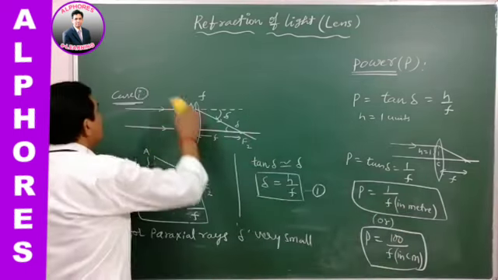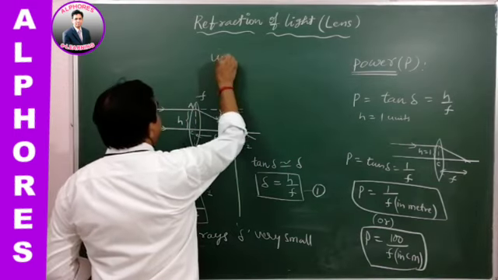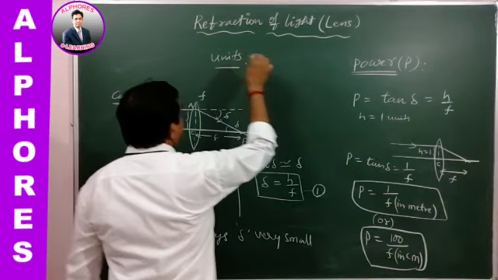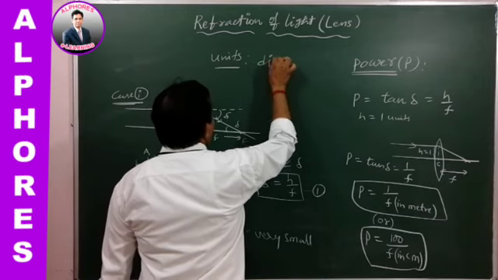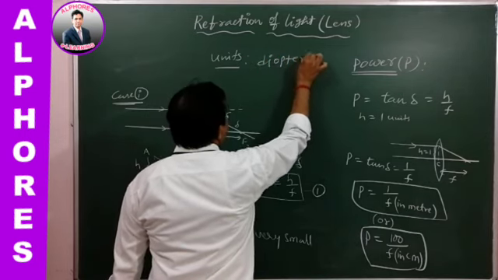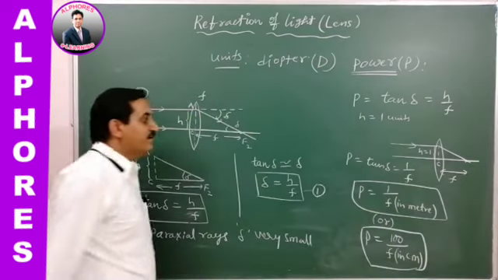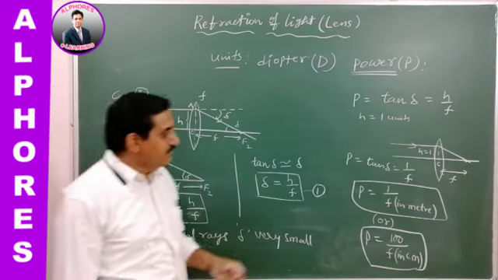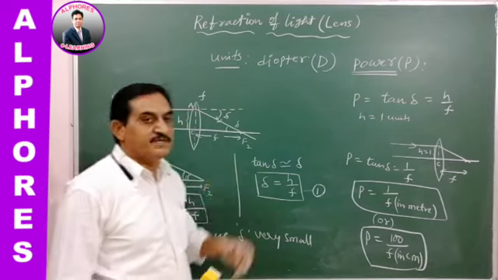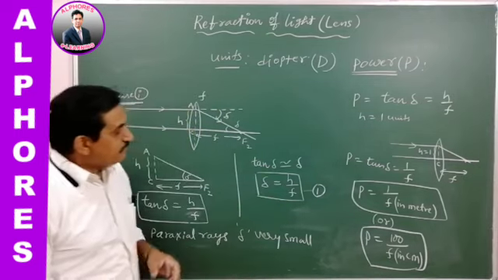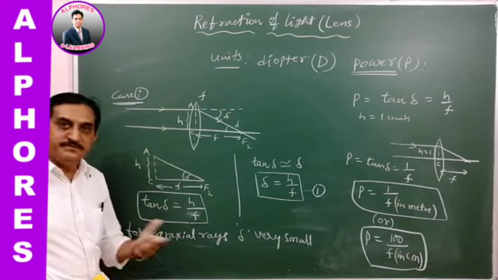Okay. Now the unit of power is the diopter. It is represented by capital D, and the power of a lens is measured in diopters. Yes, the power can be positive, it can be negative.